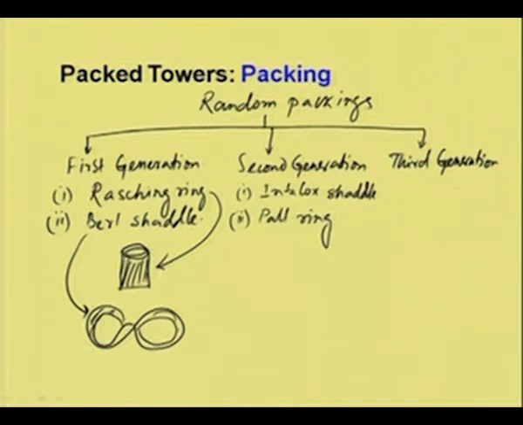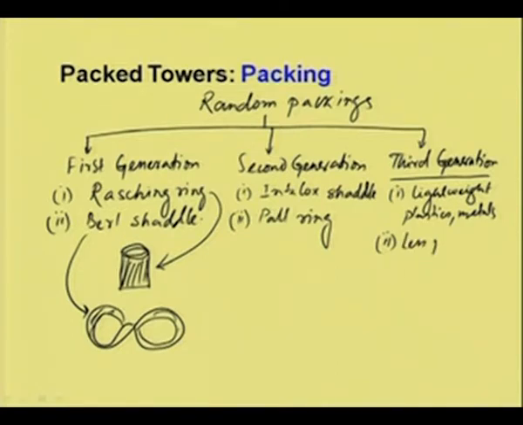And the third generation packing is generally lightweight material like plastics and metals, and the second one is less pressure drop compared to the other two generation packings, and the larger interfacial area.